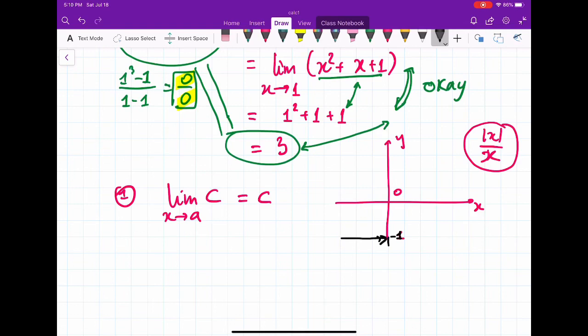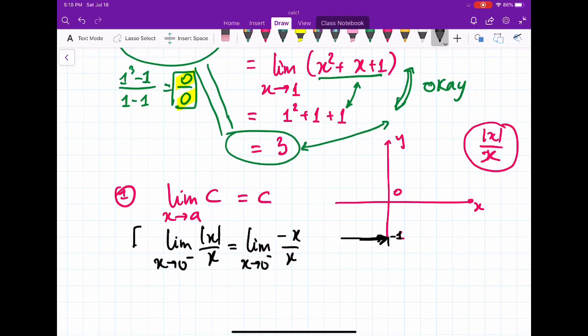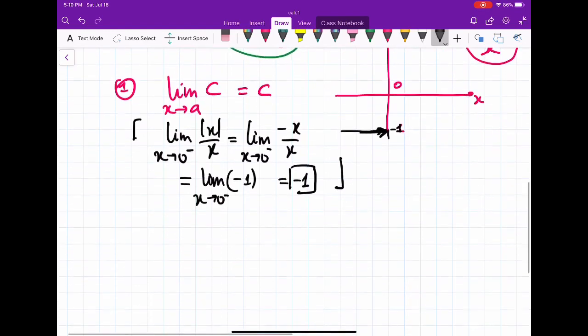I remember we used the limit of absolute value of x over x as x goes to 0 from the left, equal to the limit of negative x over x as x goes to 0 from the left. And this is nothing but the limit of negative 1 when x goes to 0 from the left, and that is just negative 1. You see, in this case, c is negative 1. So if you have a constant, the limit at any point is the constant itself.